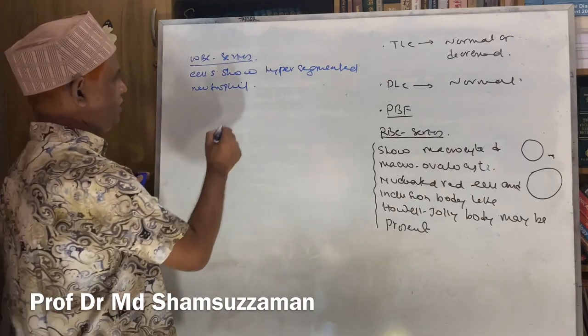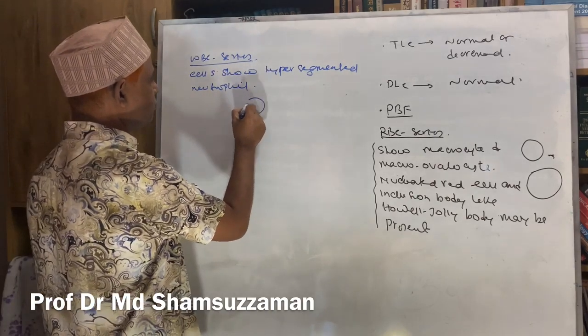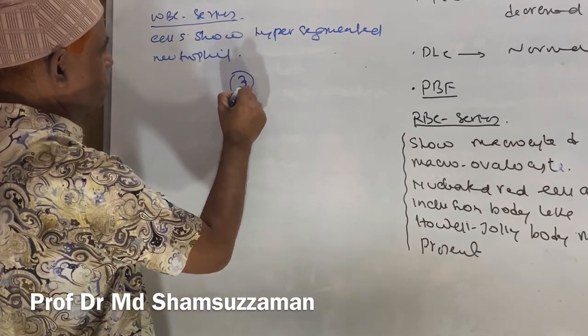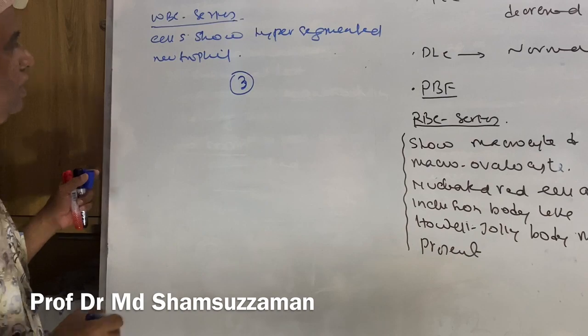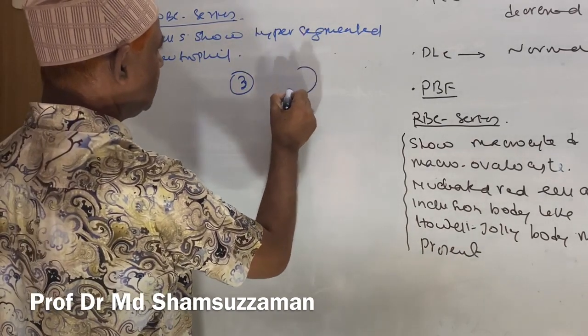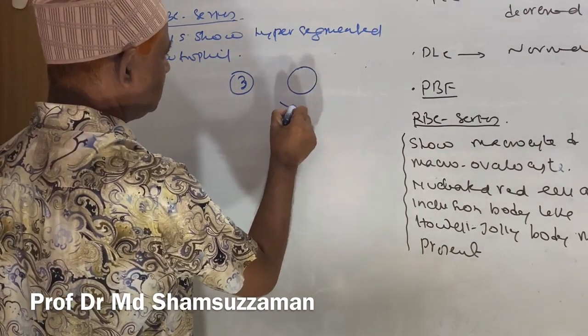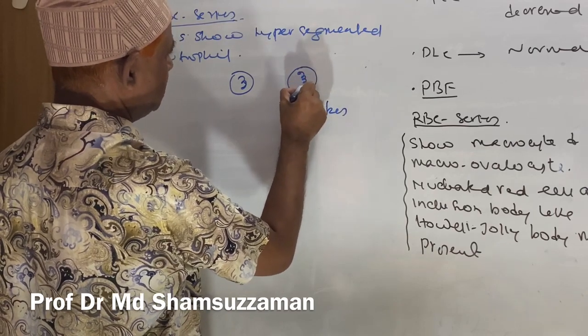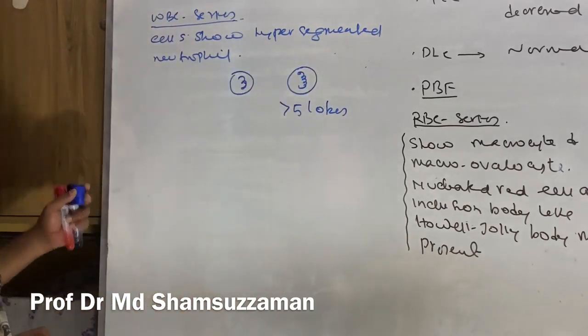What is this? Dear audience, you know, if it is a neutrophil, we get 2 to 3 lobes, usually 3 lobes. If a neutrophil contains more than 5 lobes, then it's called a hypersegmented neutrophil.